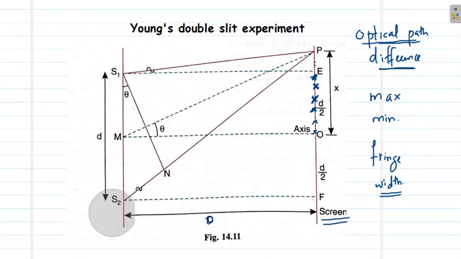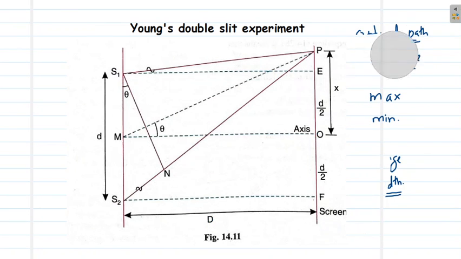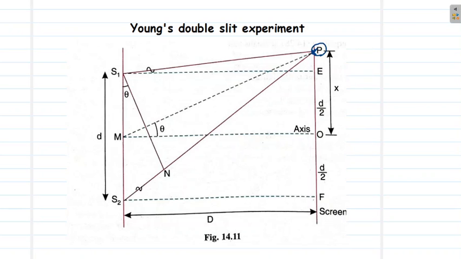If you look at this picture, you can clearly see that light waves coming from source 1 and source 2 have to travel different distances to reach a point P. Consider an arbitrary point P on the screen, which is at a distance x from the center point.